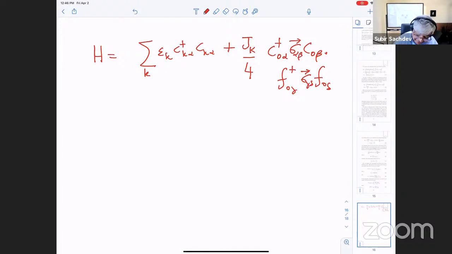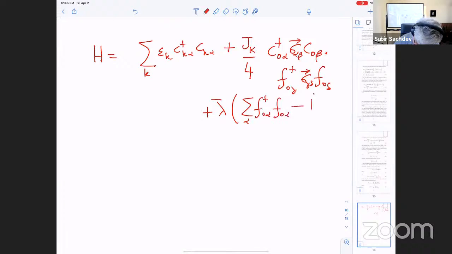And then I have this constraint, and I'm just going to impose this constraint by a Lagrange multiplier, which I call lambda bar, times the sum on alpha of f dagger 0 alpha f 0 alpha minus 1. So there's my Hamiltonian.